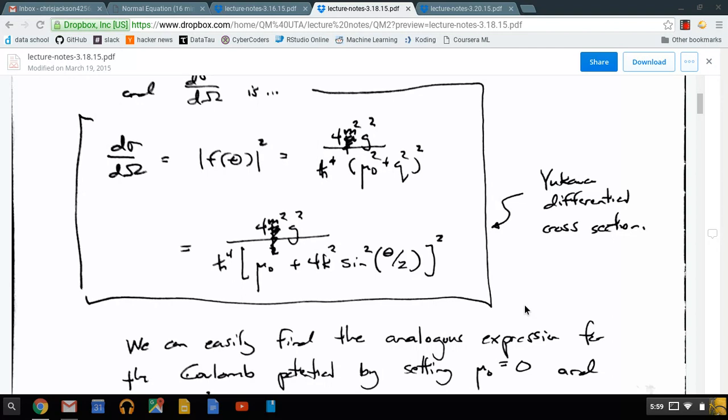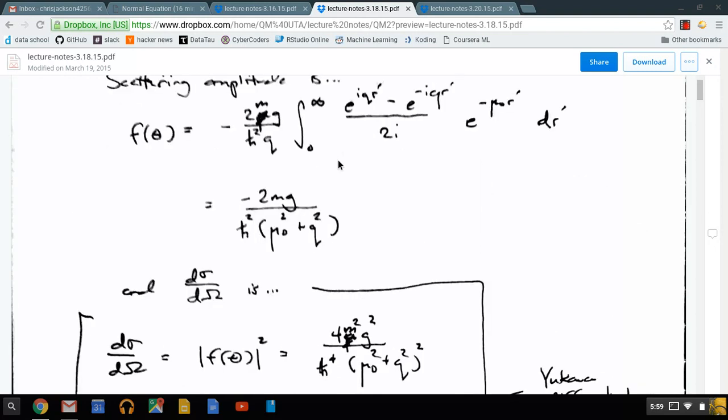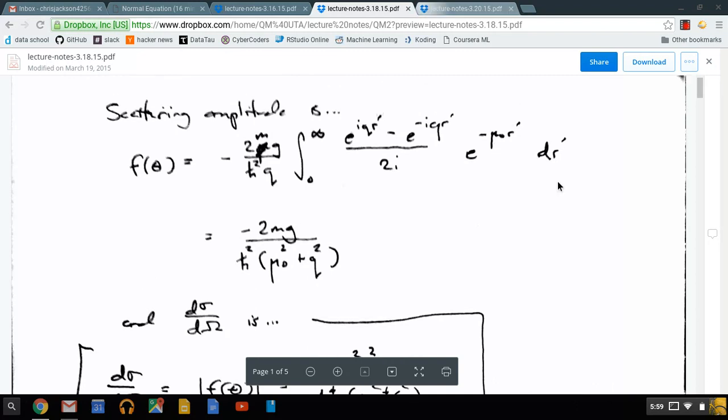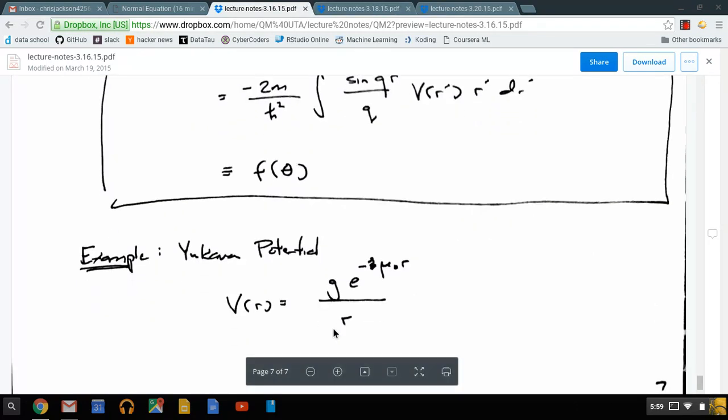The nice thing about doing the Yukawa potential first is, like I said, the Yukawa potential has uses in nuclear and particle physics, but you can actually derive the result for the Coulomb potential by just taking our expression and taking the limit mu goes to 0.